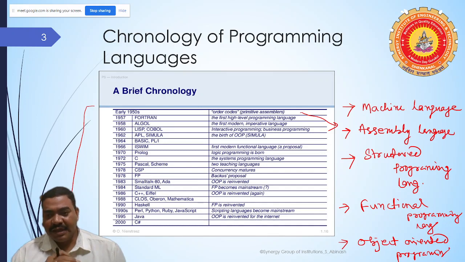So here the question arises: why were all these programming languages evolved or designed? There are a number of answers for this. When computers initially started, their processing capacity was very low, that means only 4 or 8 bits could be processed at a time.